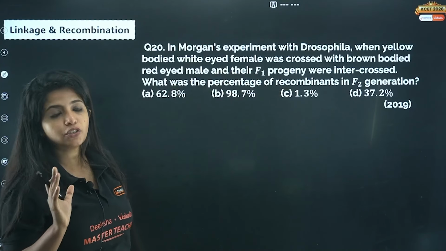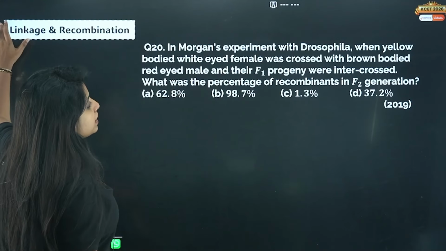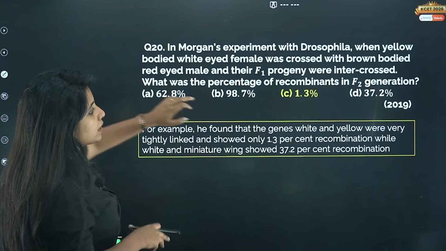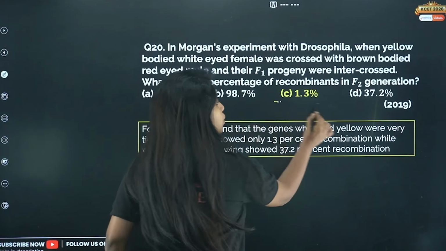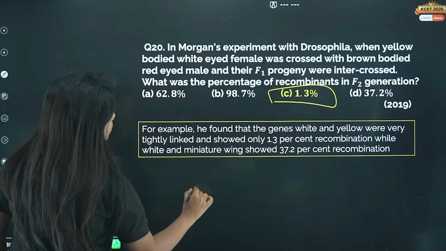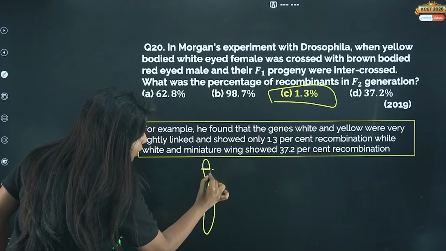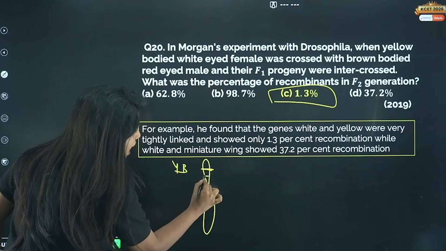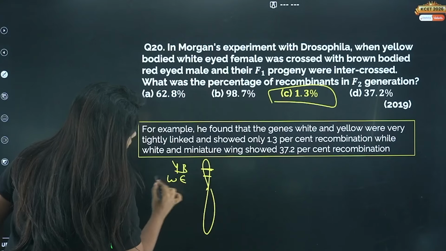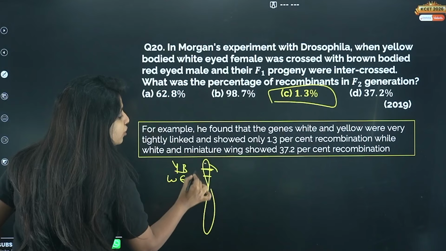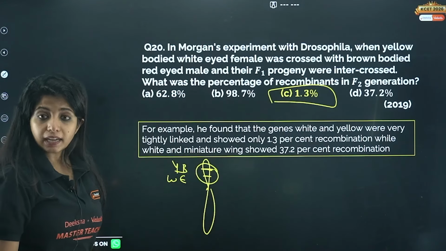How much percentage of recombination was found? So it is a less amount of recombination, that is 1.3. I'll tell you why. Over here, always remember, the yellow-bodied gene and the white eye color gene are very close to each other.